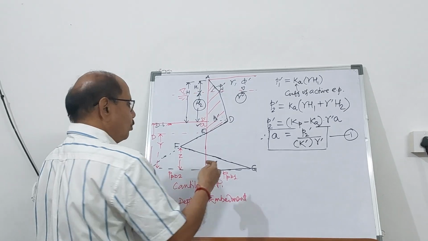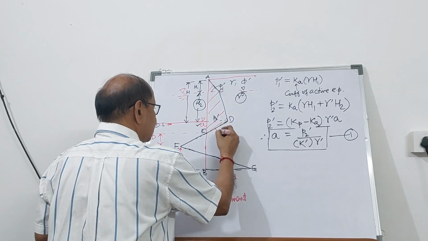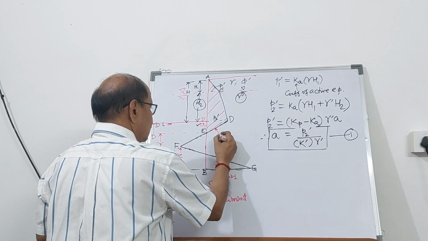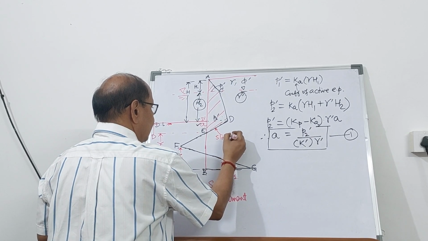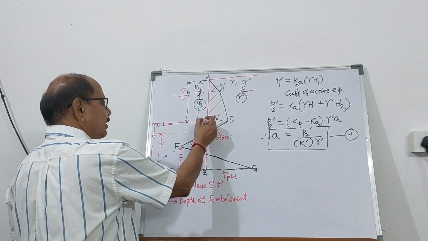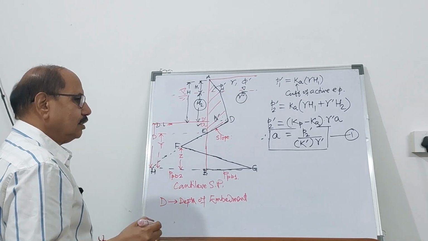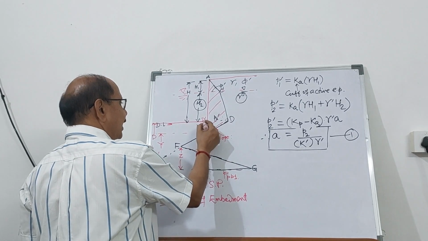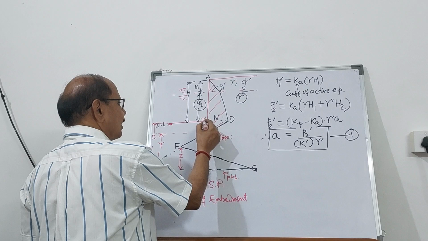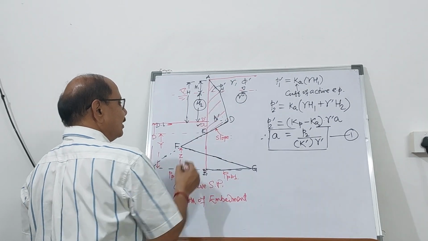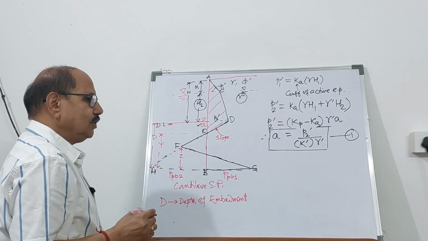The slope can be easily found out, because you know vertical, you know horizontal. So for A, it is going to be horizontal K prime gamma prime.